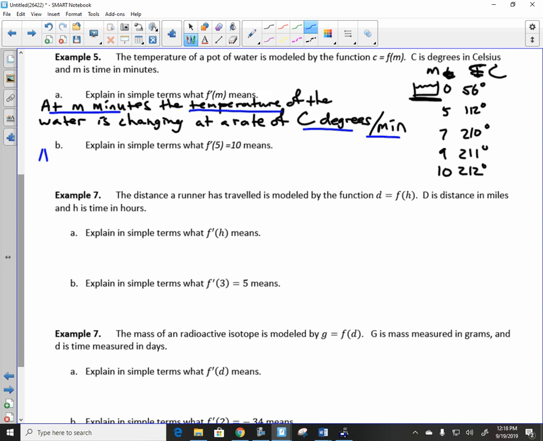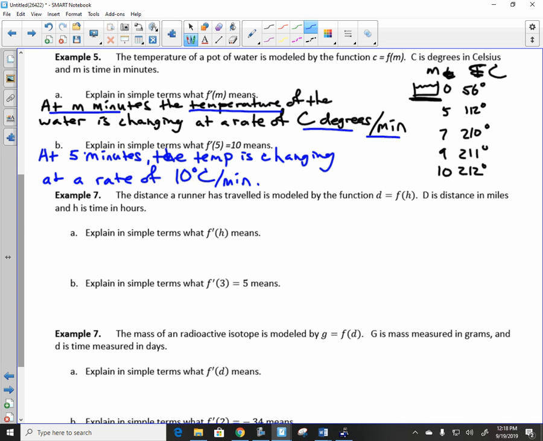That means at 5 minutes, the temperature is changing at a rate of 10 degrees Celsius per minute.